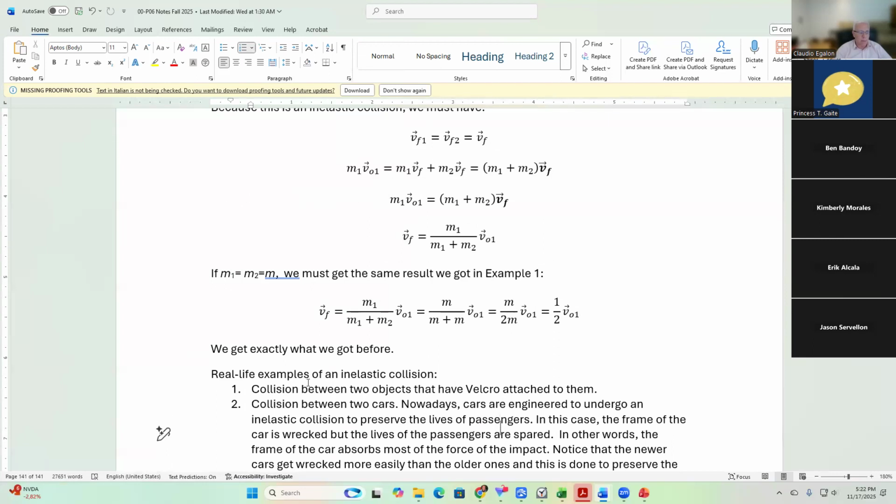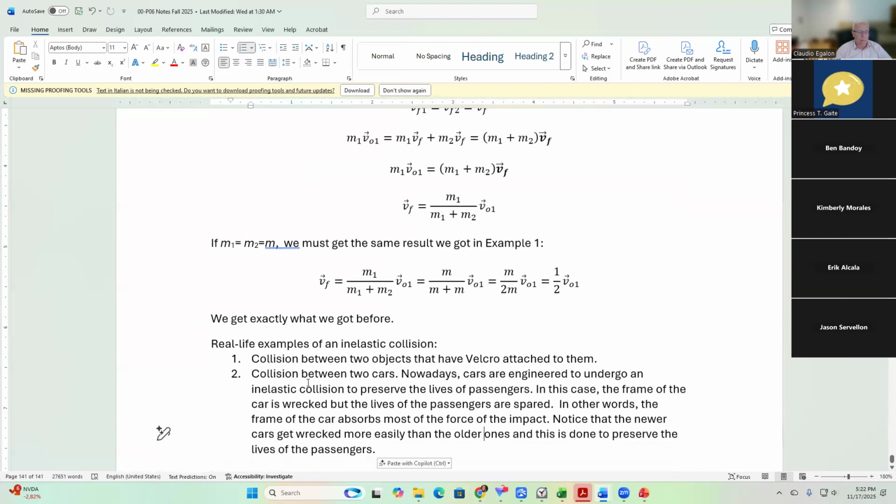In this case, the frame of the car is wrecked, but the lives of the passengers are spared. The frame of the car absorbs most of the force of the impact. Notice that new cars get wrecked more easily than the older ones. But this is done to preserve the lives of the passengers, okay? It's far cheaper to fix a car than to fix a human being.